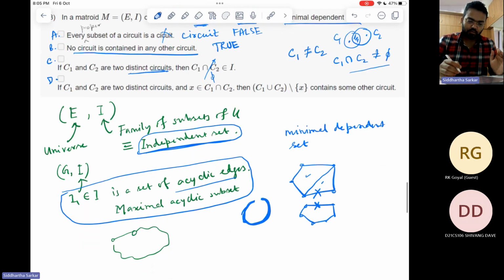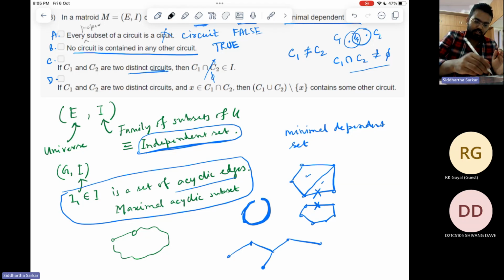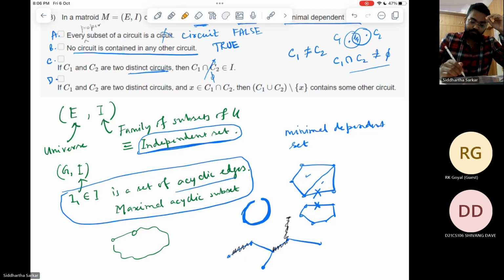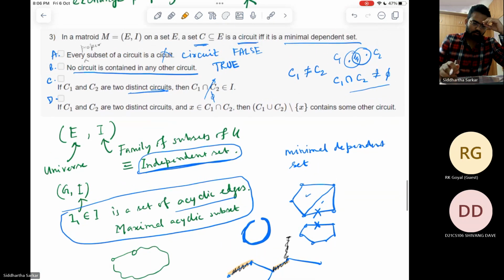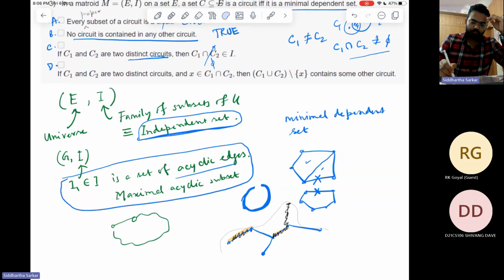But say C1 and C2 are overlapping in some cases. Let us say this is C1, some edges, and C2 has some overlaps. So C1 intersection C2 is only these two edges. Sorry, this is the wrong diagram. We have to show a single cycle.